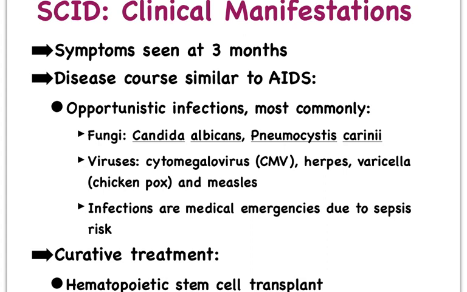And often these infections are going to end up in sepsis, which is, of course, a medical emergency. In this day and age, we can provide patients with SCID a hematopoietic stem cell transplant, and if it takes, then these patients can live a much longer time than Bubble Boy did. Notice that these symptoms begin to appear very early on, around 3 months.